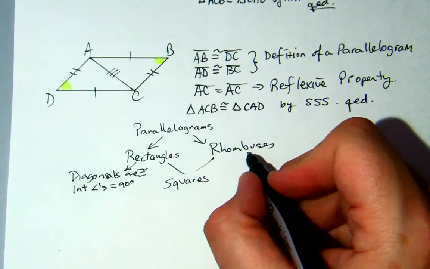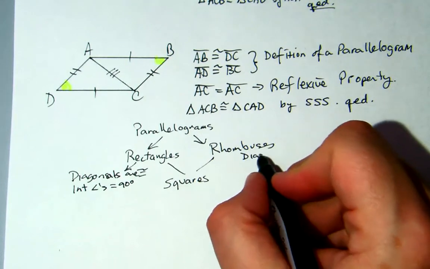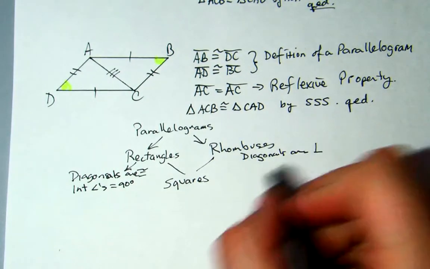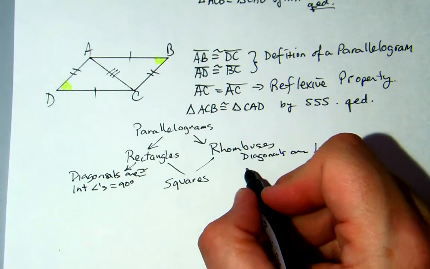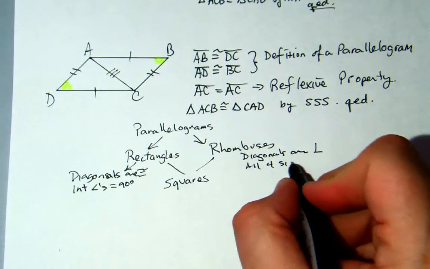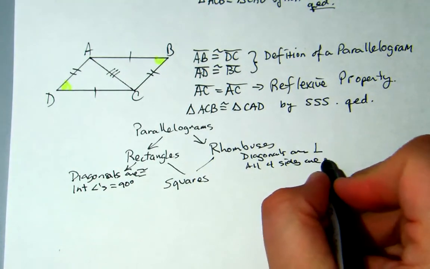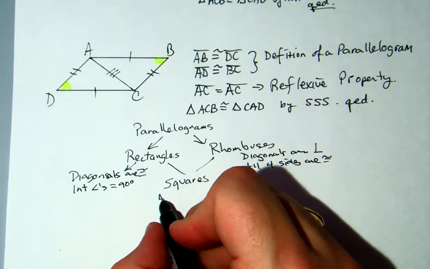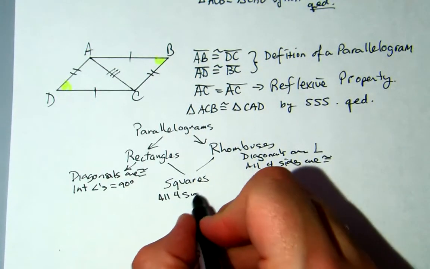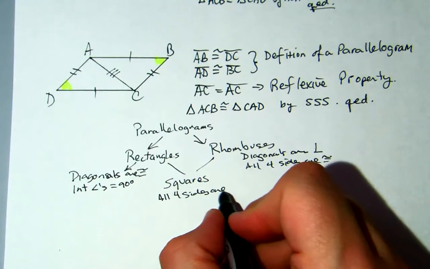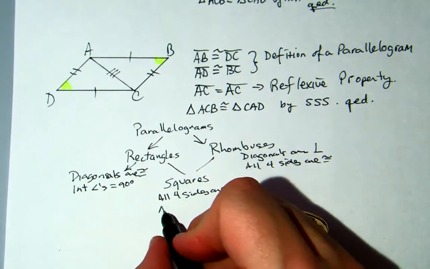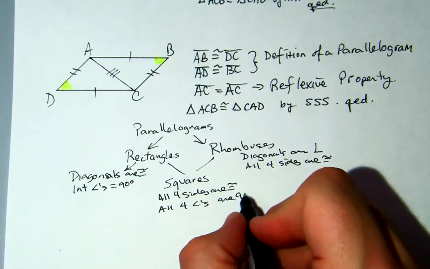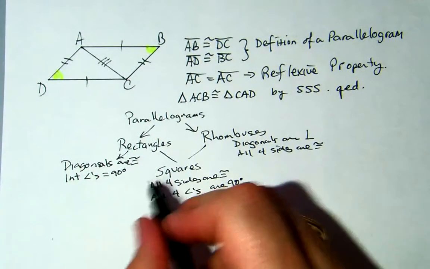For rhombuses, diagonals are perpendicular, and all four sides are congruent. And for squares, all four sides are congruent. All four angles are 90 degrees, so we have perpendicular sides.